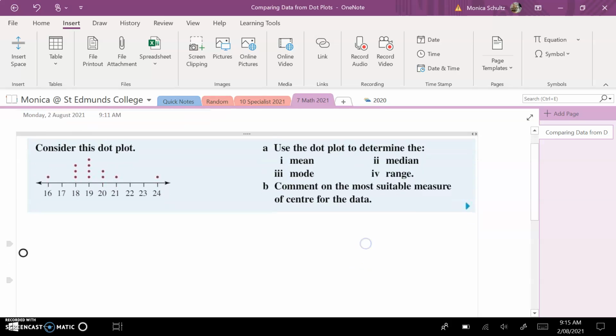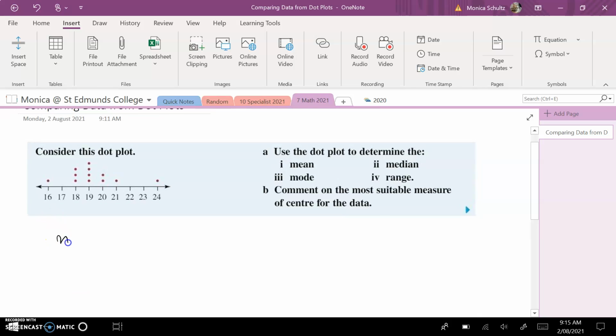for the data. So if we're calculating the mean, remember that the mean is equal to the sum of all the values divided by the number of values.